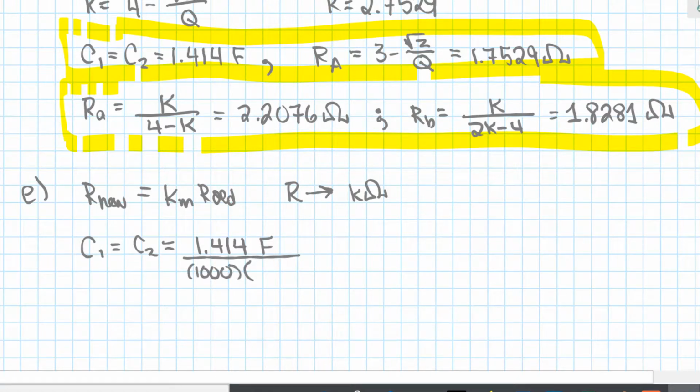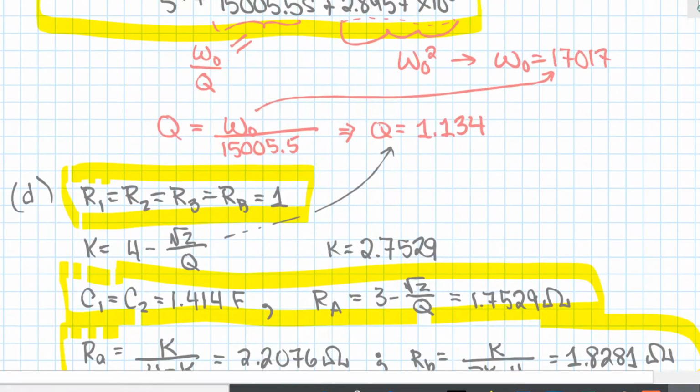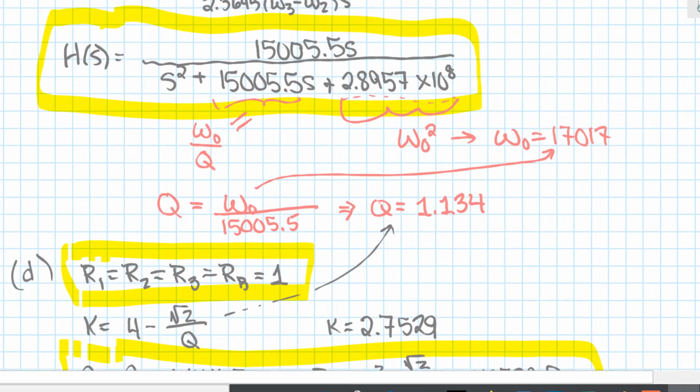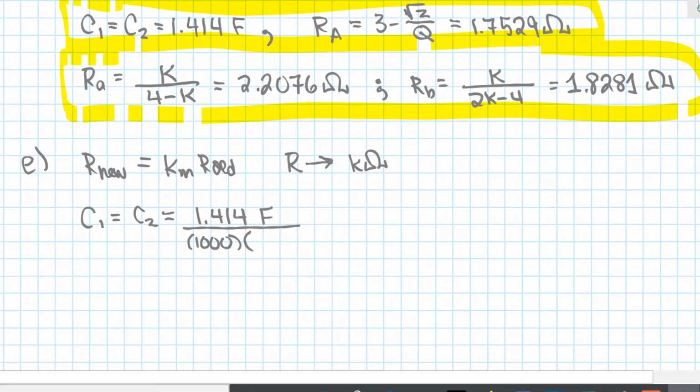And Kf, that is omega naught, which was 17,017. And you can just do that on your calculator. And I get 8.3107 times 10 to the negative 8.